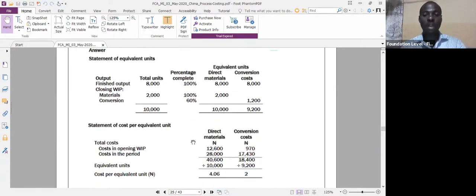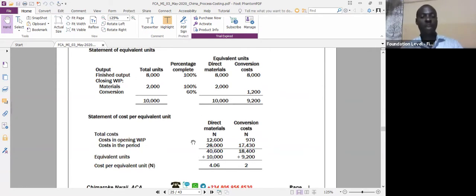We'll now go down to the statement of cost per equivalent unit. This time we go to the inputs and get the cost. How much cost did we have at the beginning of the period? How much was allocated to opening stock, which is 12,600?